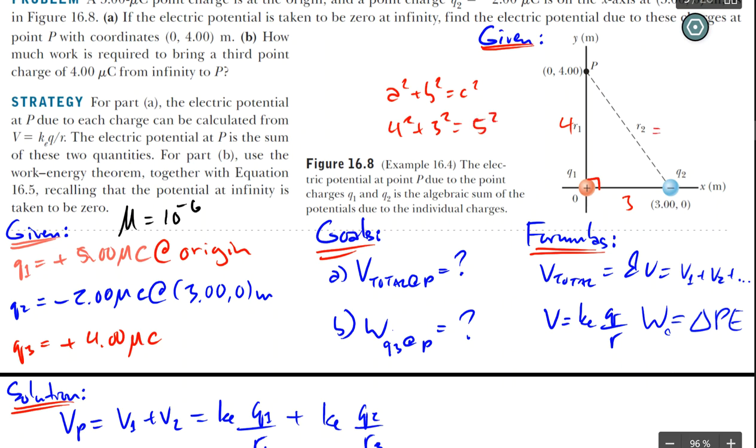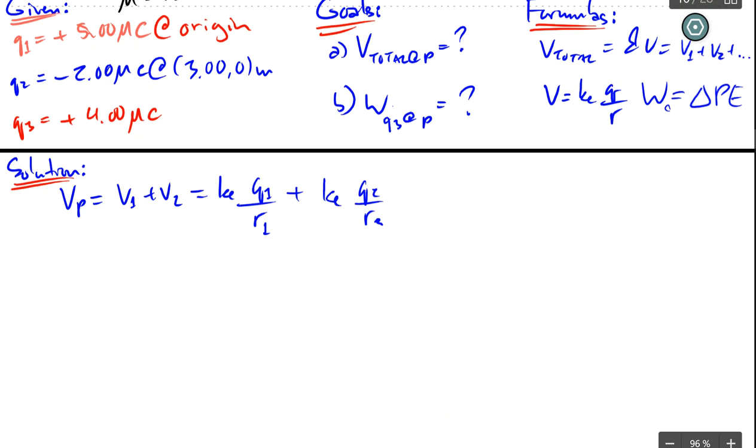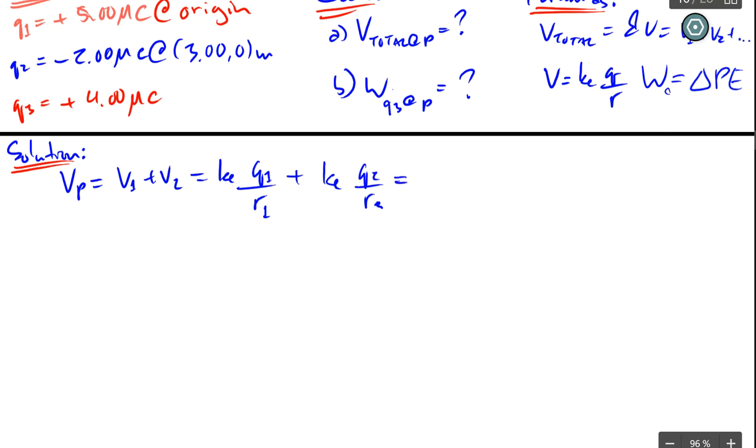Q1 and R1, they don't have the same R's. R2 is 5.